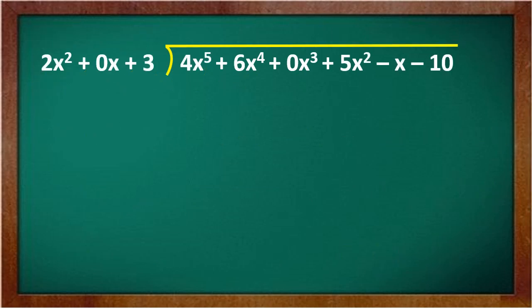In dividing the polynomials, divide the first term of the dividend by the first term of the divisor. So 4 divided by 2, that is 2. X raised to 5 divided by x squared, so subtract the exponent, that is x raised to 3.